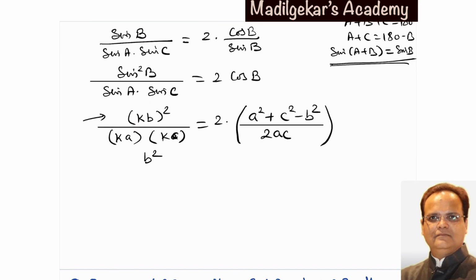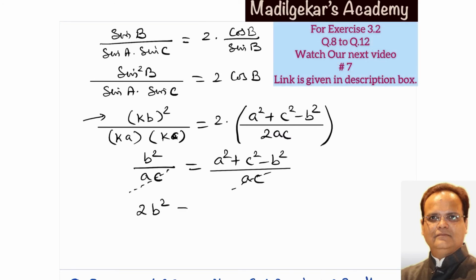So we have b square upon ac. In RHS, 2 cancels with this 2. So we have a square plus c square minus b square upon ac, cancelling ac of both the sides. So 2b square equals a square plus c square. So this shows that a square, b square, c square are in AP. Hence, proved.